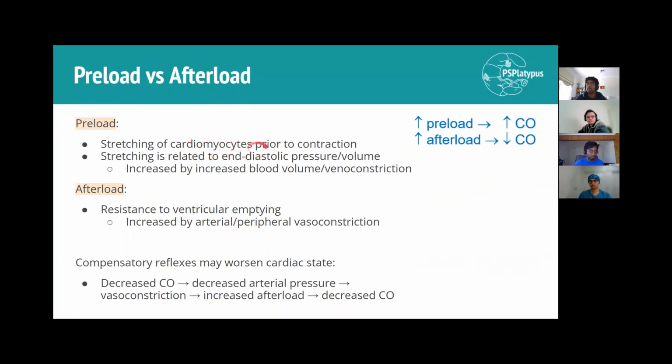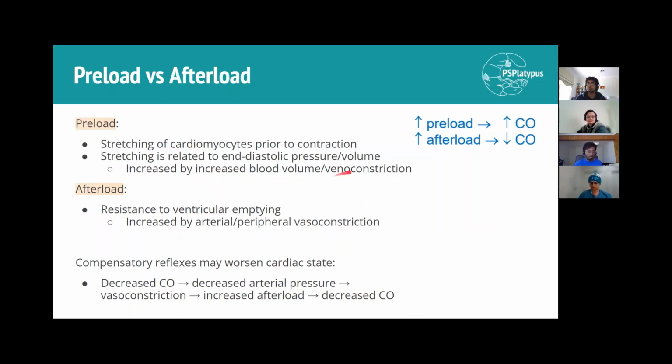If we take the left ventricle as an example, when we have increased end diastolic pressure, meaning at the end of diastole there's a lot of blood in the left ventricle, then it will stretch a lot, and that is essentially increased preload. And when it stretches a lot, you'll have more contraction. And this happens when we increase blood volume or venoconstriction.